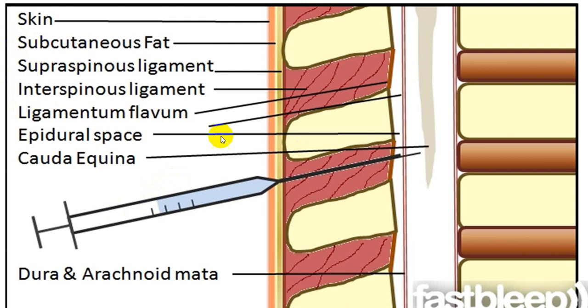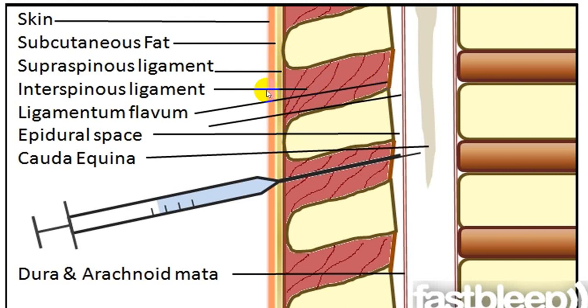After puncturing the skin, will be going through ligamentum flavum. This will be ligamentum flavum. Sorry, first skin, subcutaneous fat, then supraspinous ligament, interspinous ligament, and then ligamentum flavum.